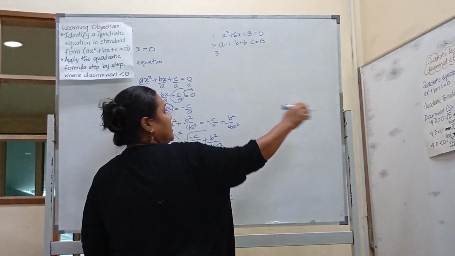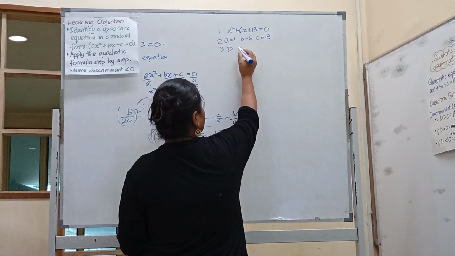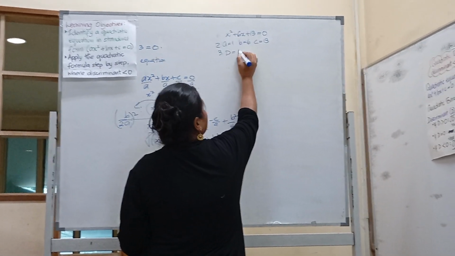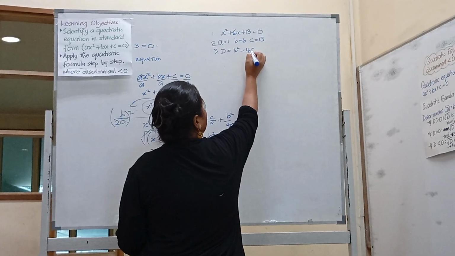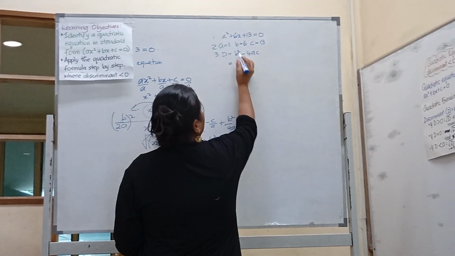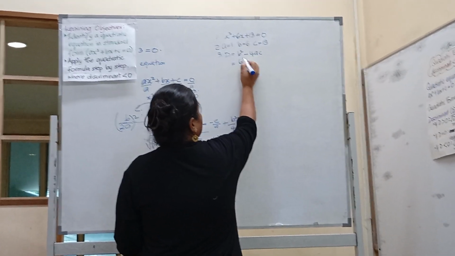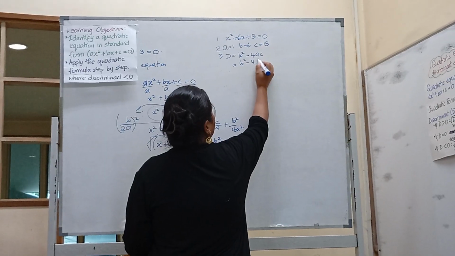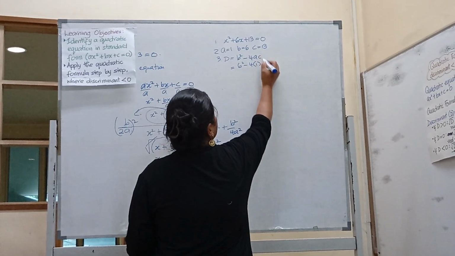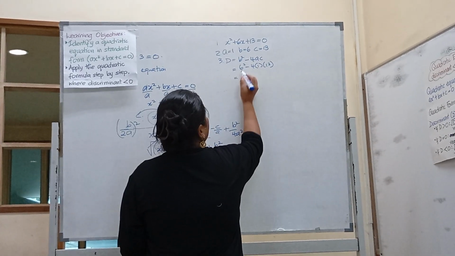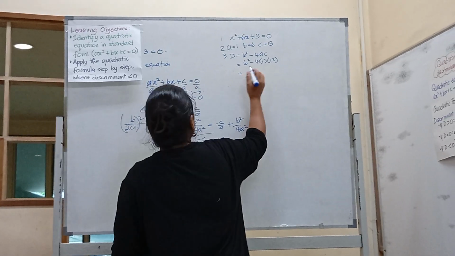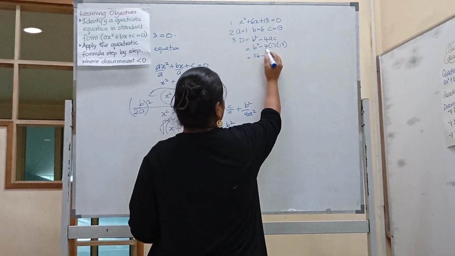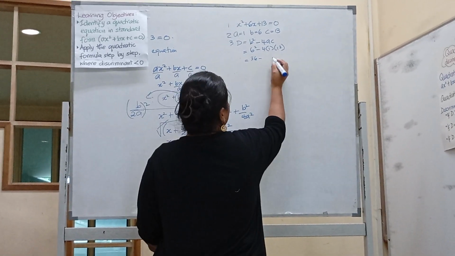The formula is b squared minus 4ac. B is 6 squared, A is 1, and C is 13. 6 squared is 36 minus 4 times 13.